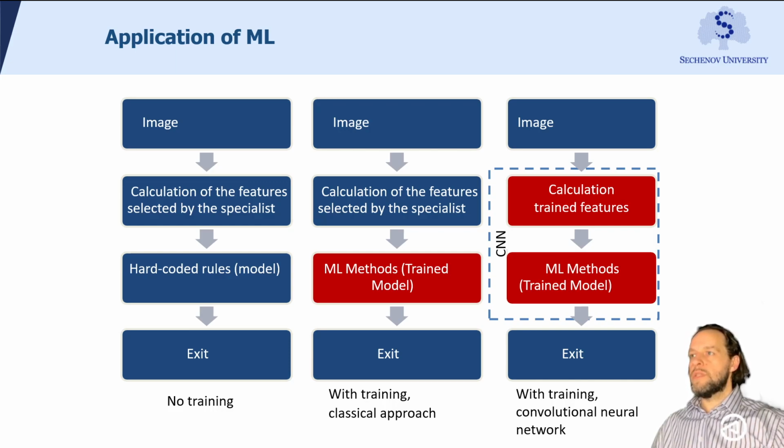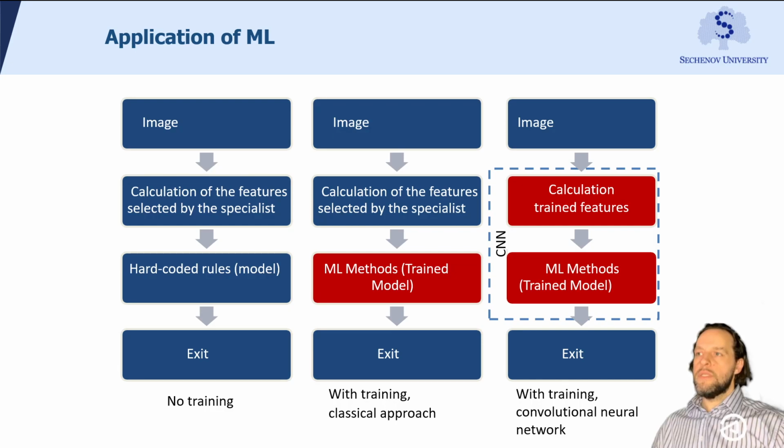We will need to calculate features that we need to find, which is done manually, and after that the specialist who found these features will create rules to divide one object from another.